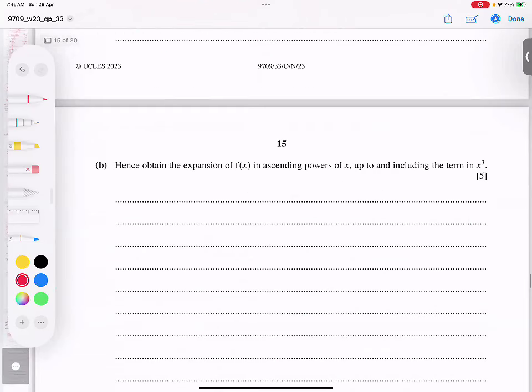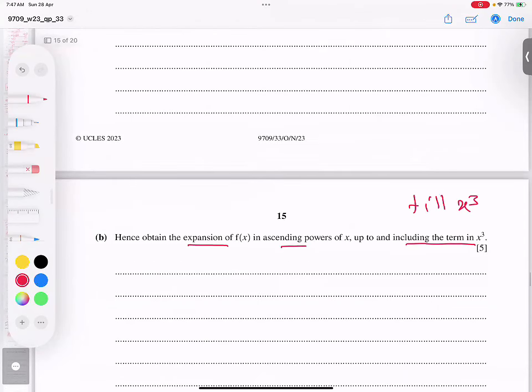Part number 2, he said that expansion is required, up to and including x cube. So till x cube, we have to expand. And if you know the formula, I repeat, what is the formula? 1 plus b to the power n equals 1 plus the product of these two, nb. It is available in the formula sheet.